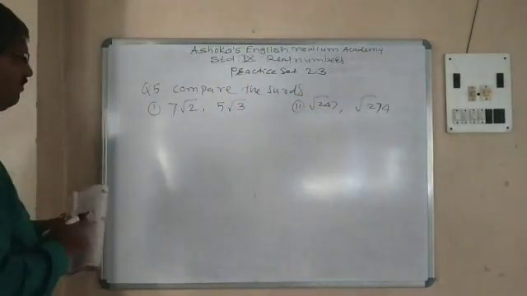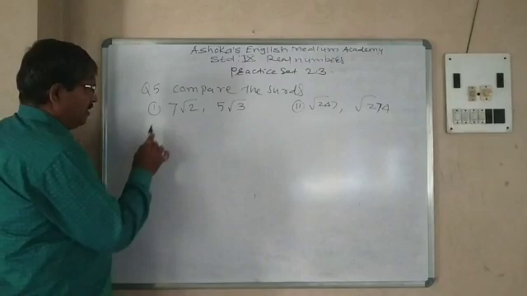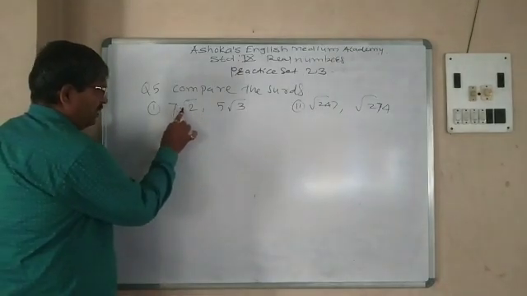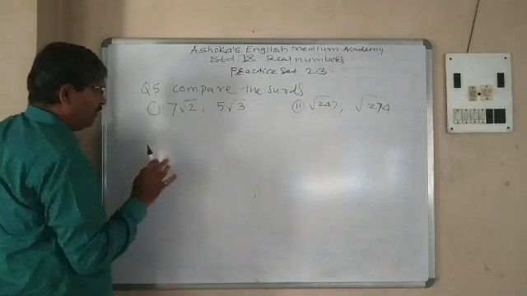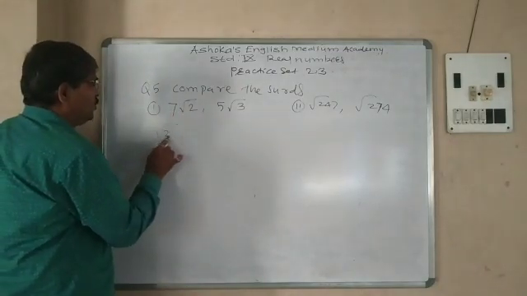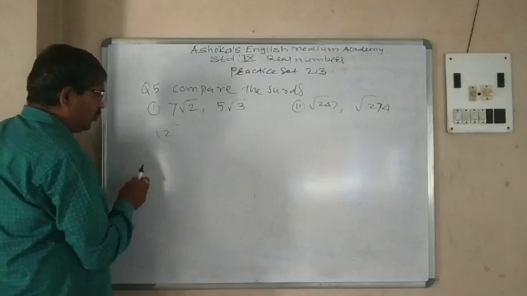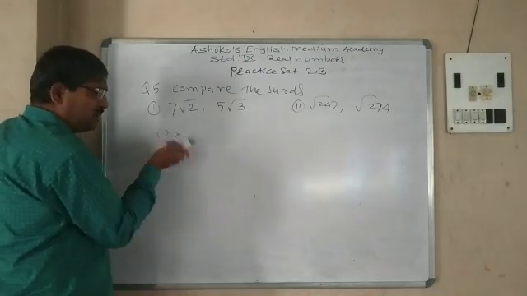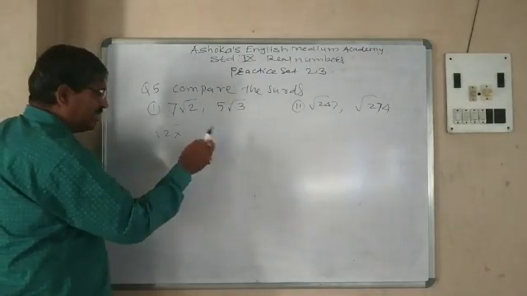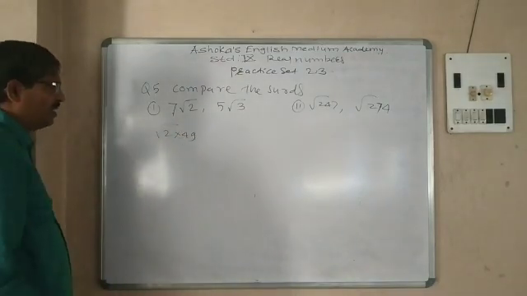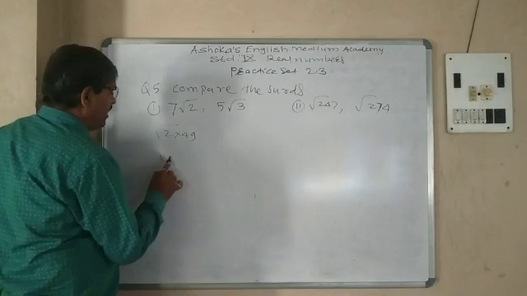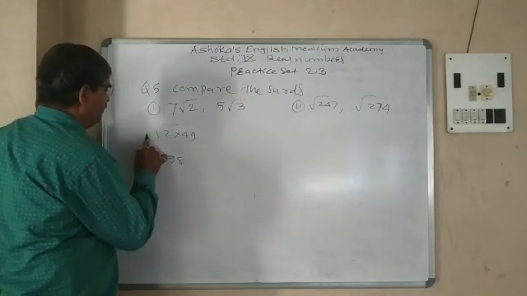Now you saw here, the order of both the surds is the same. So what I am going to do, this 7 outside the root goes inside, and since the order is 2 it becomes a square. So 49 2s are 98 came.